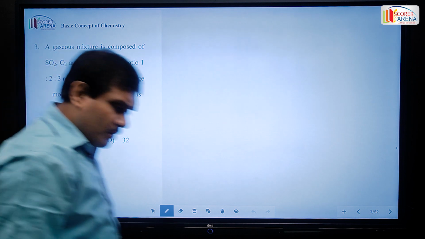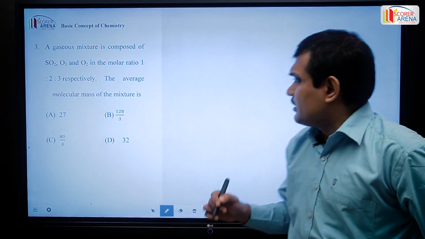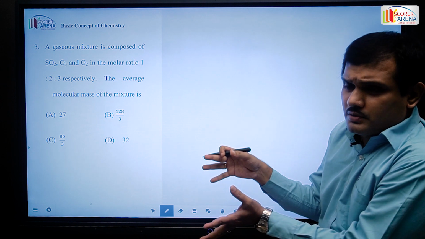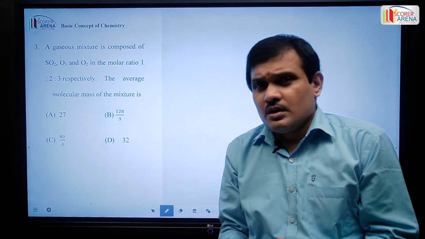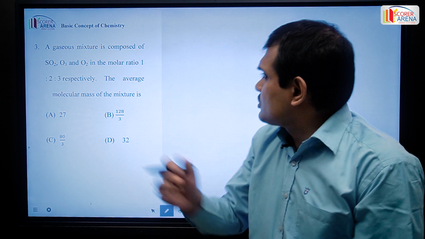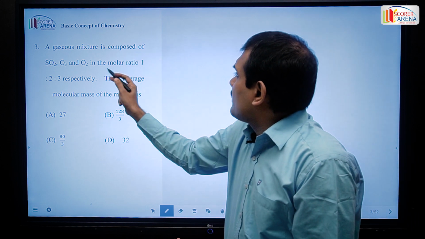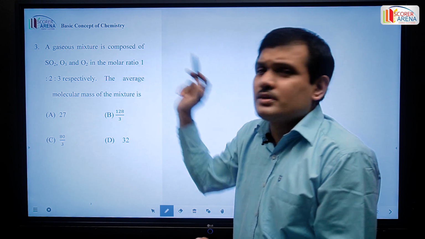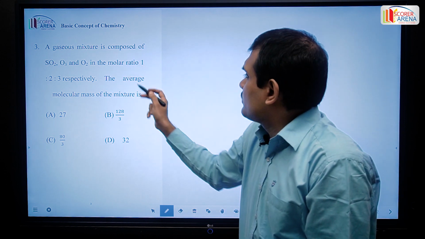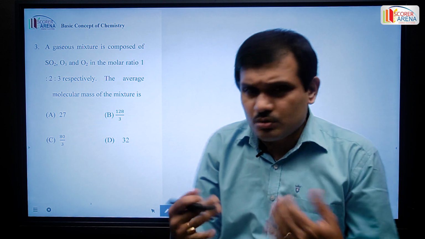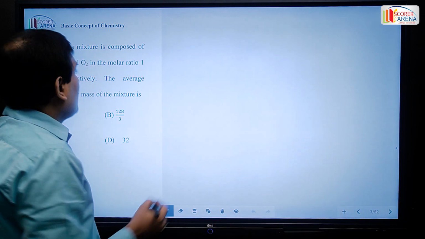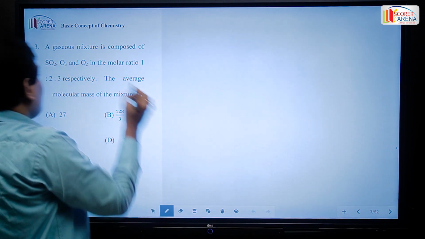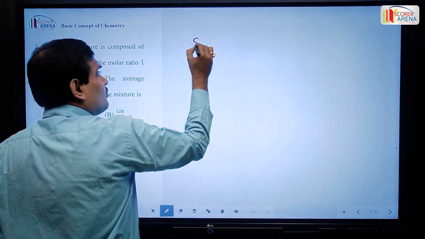Here also is a problem given on that same concept. The mixture is composed of SO2, O3 and O2 in a given molar ratio, and here also we have to find the average molar mass. So I am directly using the formula.